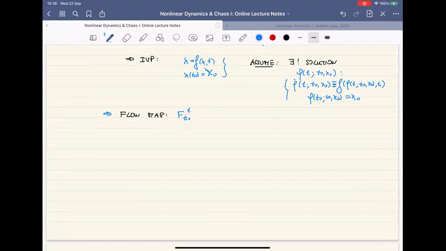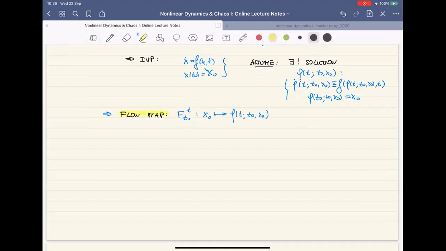And it's a mapping that acts on the initial condition. Once again, the initial time and the current time appear as indices in the mapping. So these are parameters, but the map actually operates on the initial condition and maps it to the current position. So it would map it to phi t, t naught, x naught. That's the flow map. Very important notion in dynamical systems.